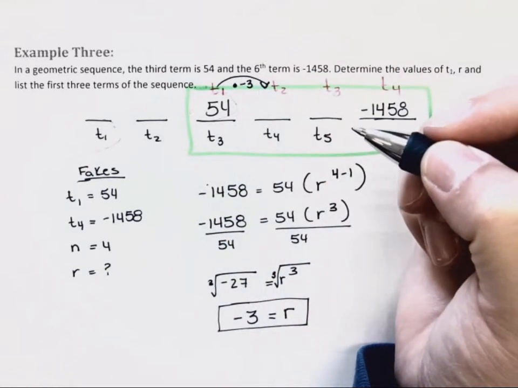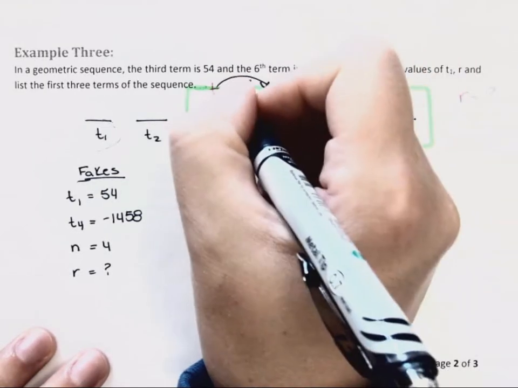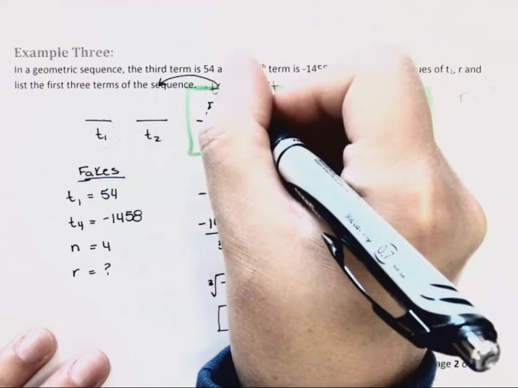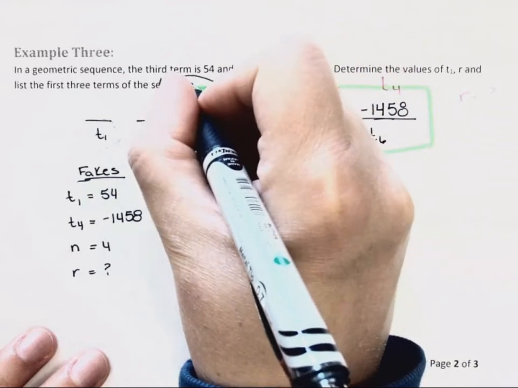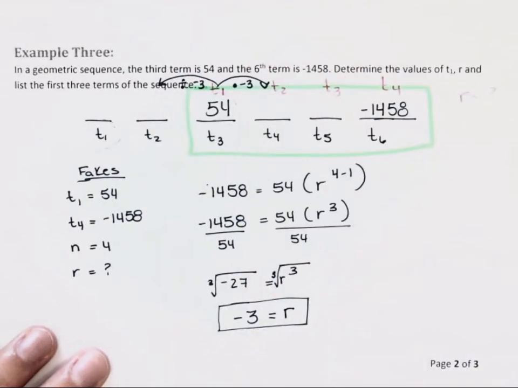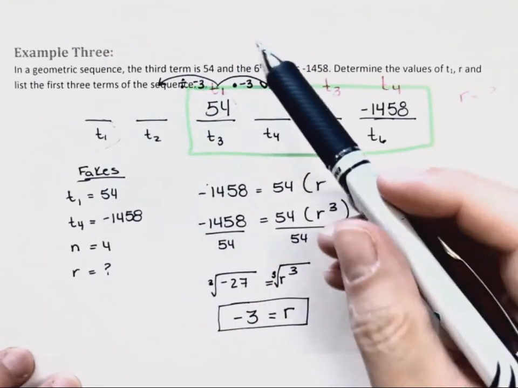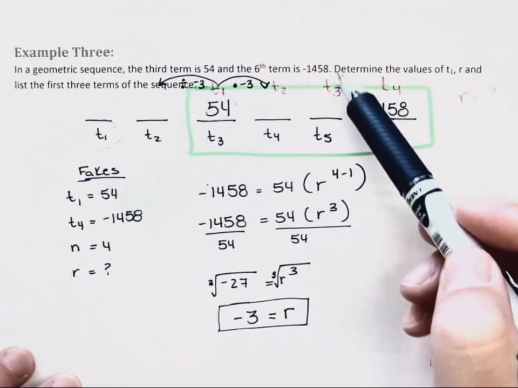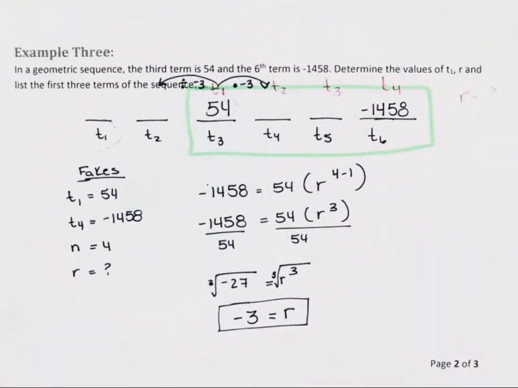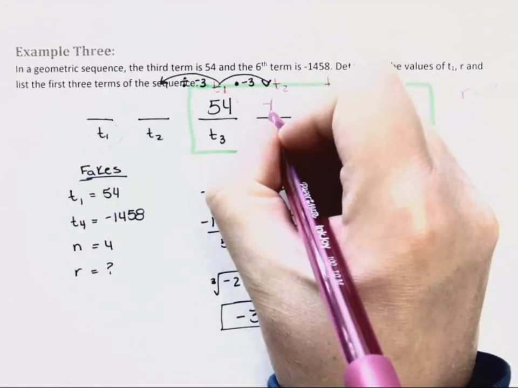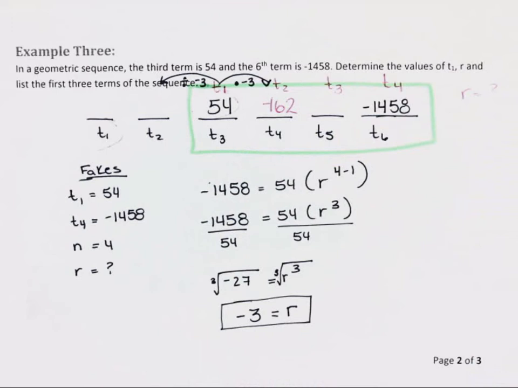Great, perfect. So if I'm going forwards, I'm timesing. If I go backwards, I am dividing by that -3. I don't know if you can see the divide symbol. So I'm going to take my 54, and the common ratio is all about going forwards, right? So I'm timesing by -3, and let's just double check that that actually works. 54 times -3 gives me -162.